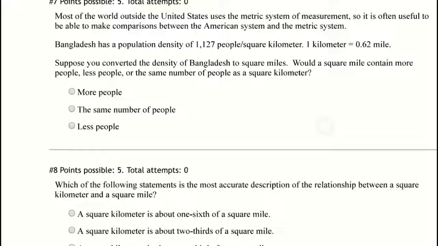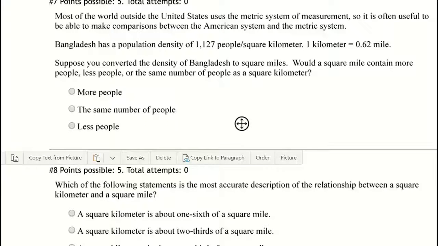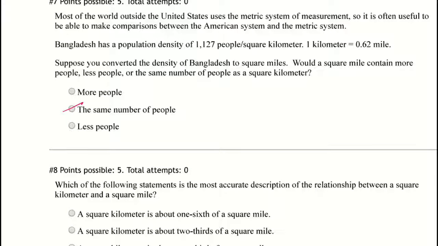So to kind of expand on that, we're going to look at Bangladesh. And even if you're changing the units, the population density is going to stay the same. It's just going to look a little bit different numbers.